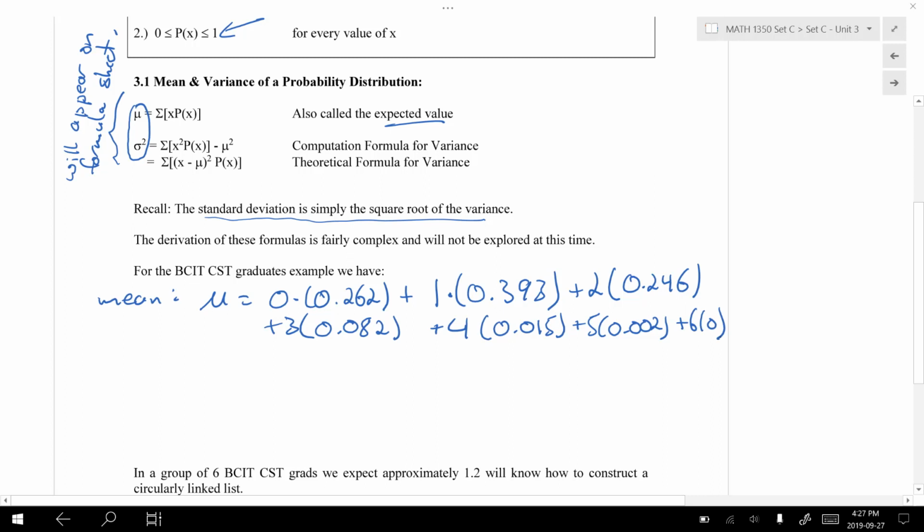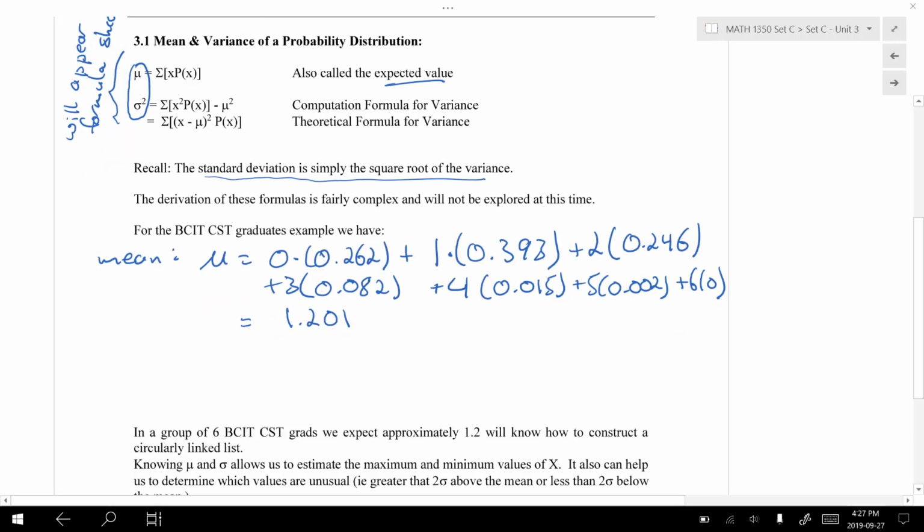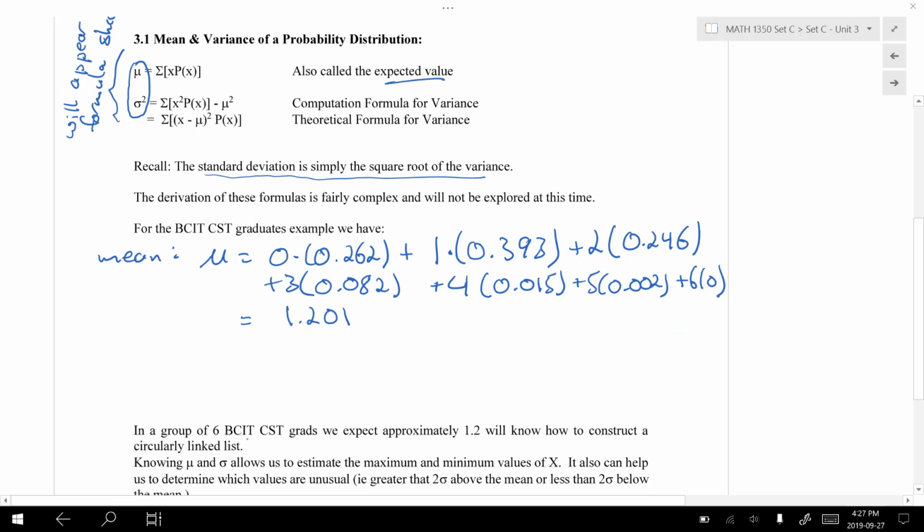It has such a small probability. So one can compute this out, and you get about 1.2. And so the way you think about this is that in a randomly selected group of 6 students, CST students, you expect that about 1.2 will know how to do this.